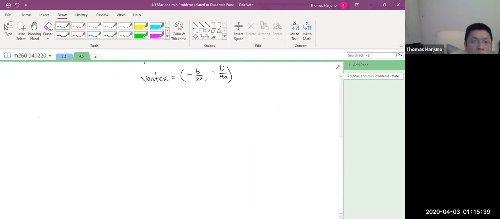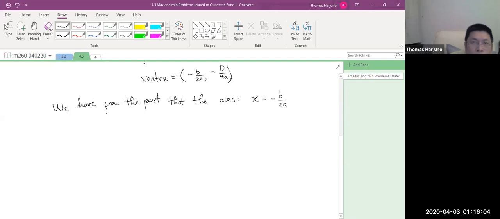We have learned from the past that the axis of symmetry, where the maximum or minimum happens, is x equals negative b over 2a.